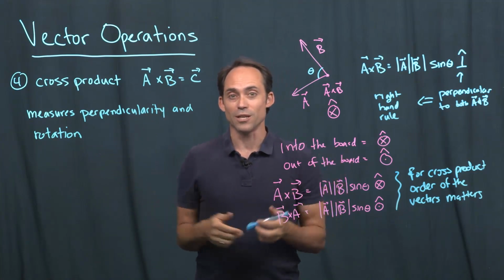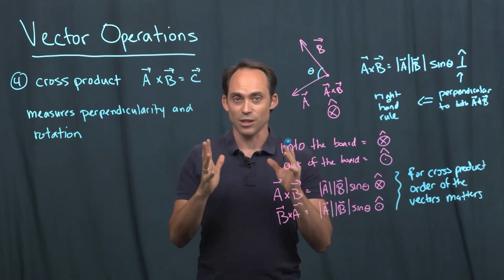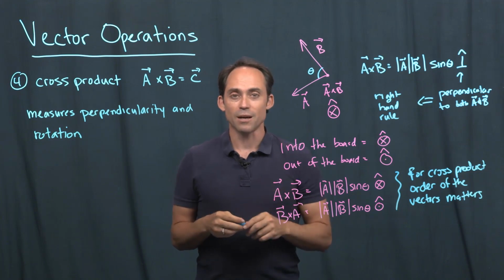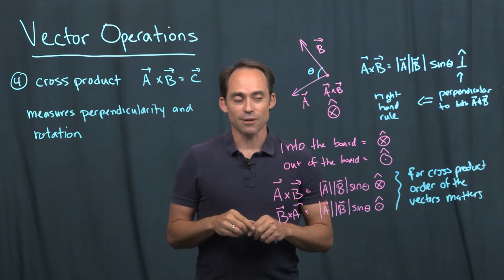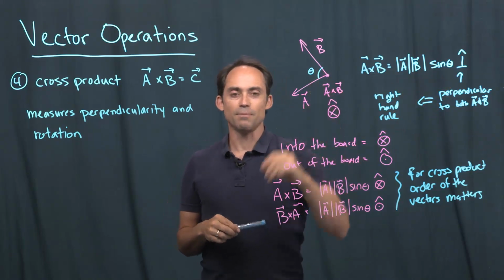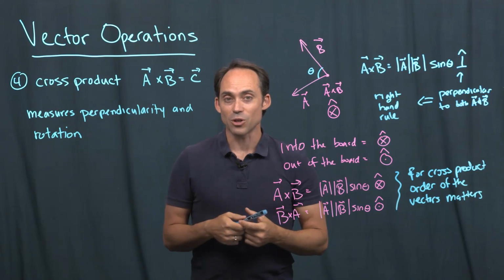It's the reverse rotation. And so having some directionality to this product, this particular operation, is important in that sense. One last thing I'll point out about the cross product is that, of course, it depends on sine theta. So if we have the case where A and B are aligned, so the angle between them is 0, sine of 0 is 0.